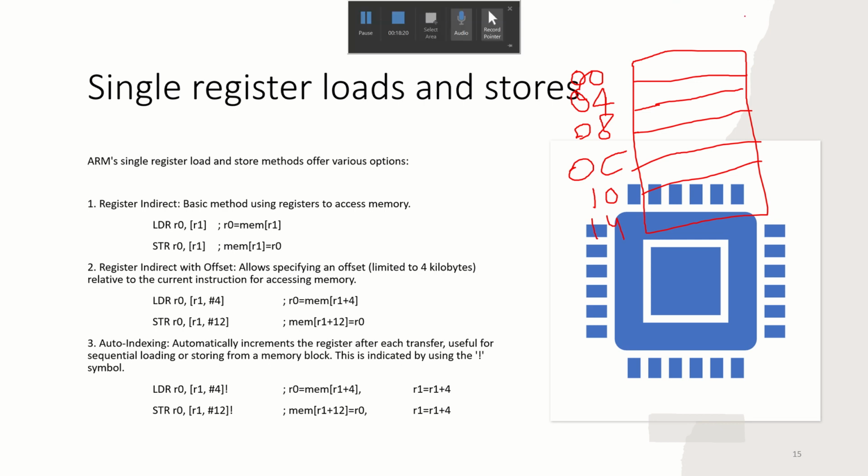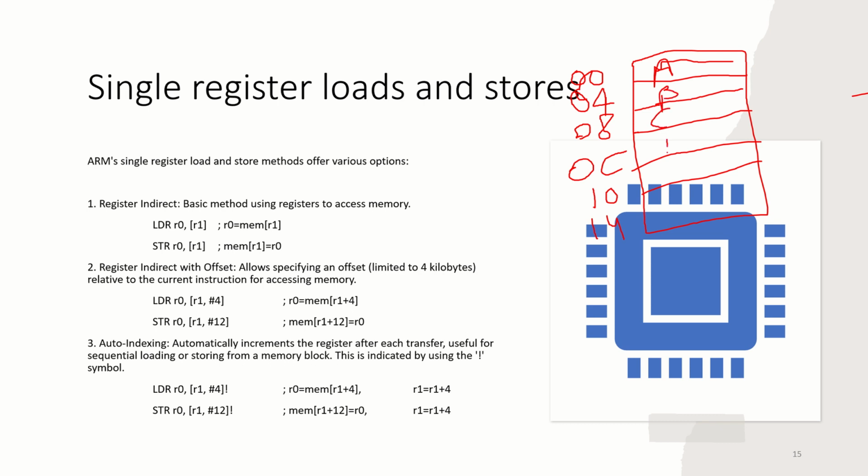At these addresses, values are written. Suppose here are written A, then B, then C, then D, then E, then F. So these are the values at the corresponding addresses, and we have some registers.